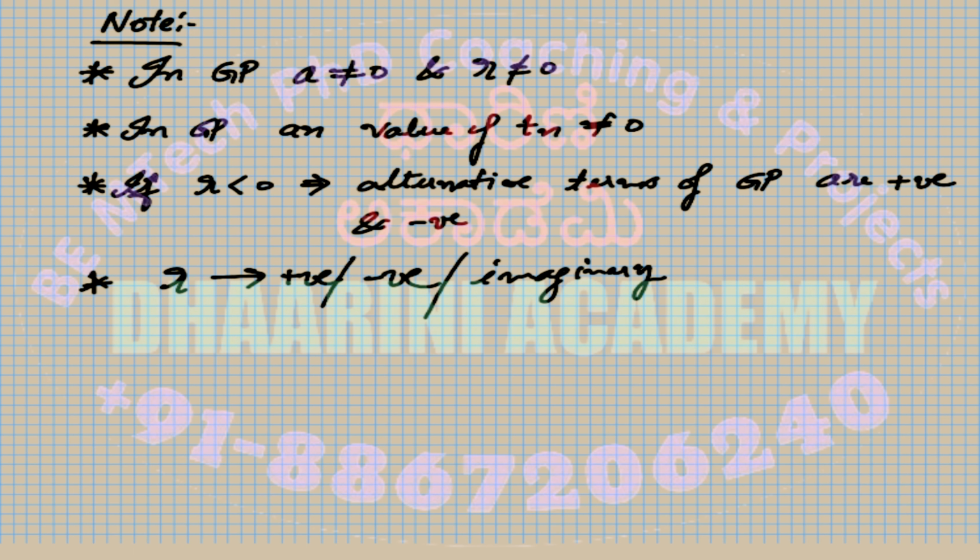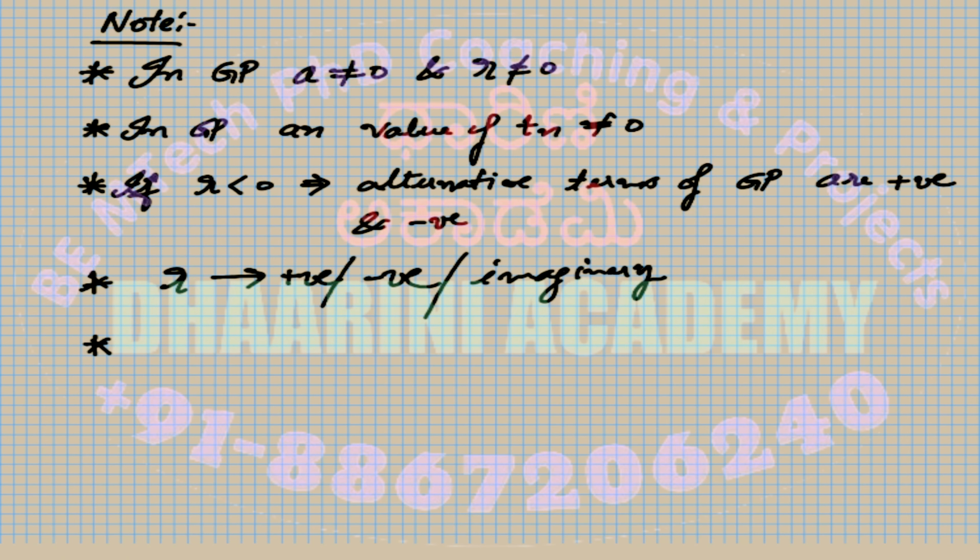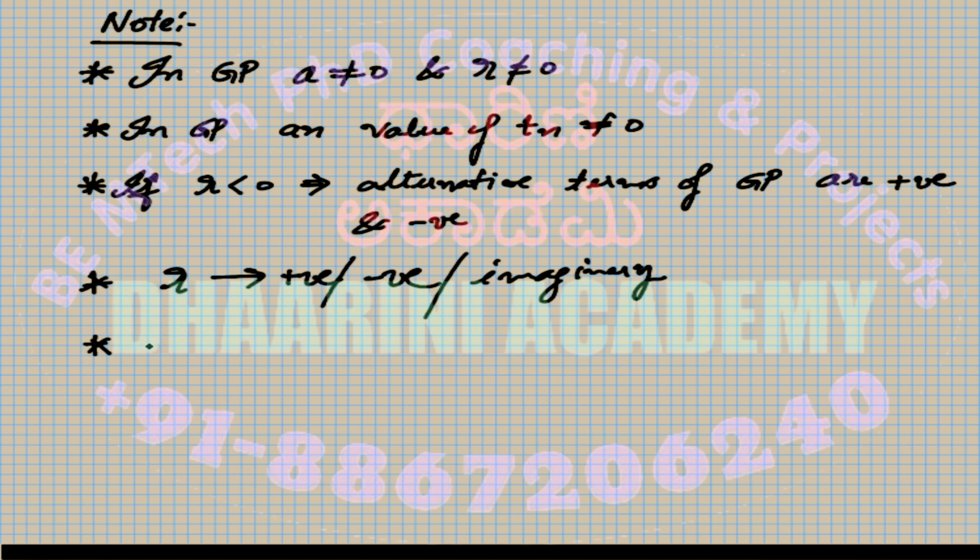Now, we have a variety of types of GP that are decided by looking at the value of R of that particular GP. For example, let us say R is equal to 1. Then the geometric progression is said to be a constant geometric progression.